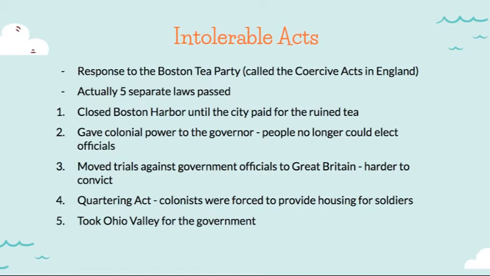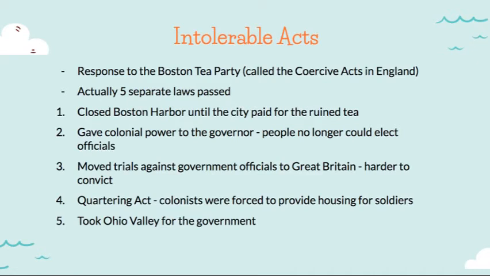The second one gave powers that were in the hands of the individual colonial governments to the governors. So people could no longer elect their government officials in some of the colonies. Then, if a government official was charged with a capital crime in the colonies, the British government moved that trial to Great Britain, meaning it was a lot harder to convict those officials.